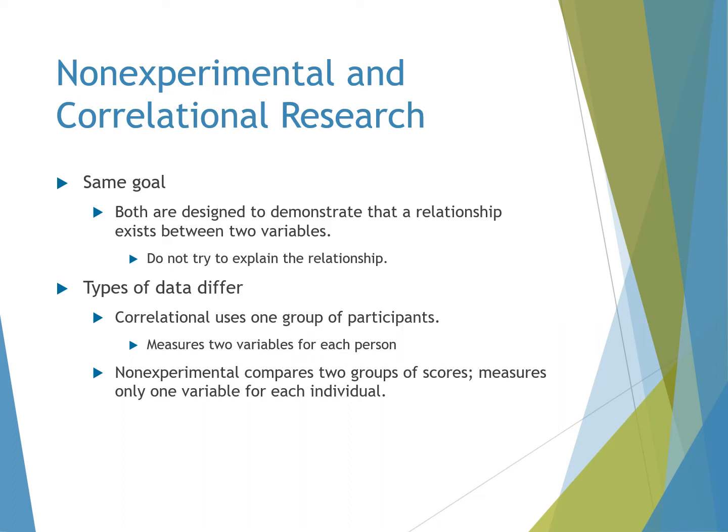In contrast, in a non-experimental study, we're comparing two groups of scores, and each individual only provides us with one piece of information. So maybe if we're looking at gender differences in memory, we've got memory information from men and memory information from women, and we're going to compare them. But those two pieces of information come from different people or different groups.